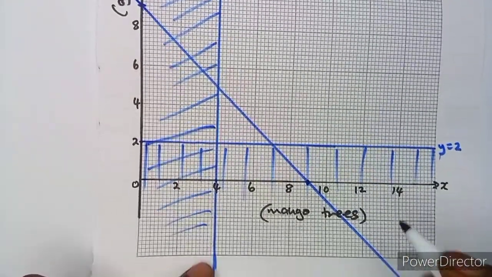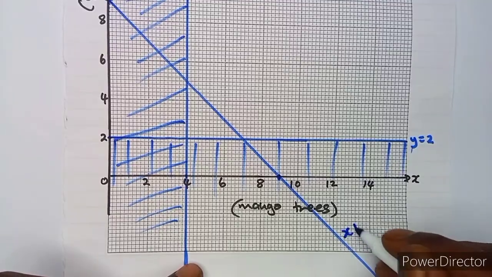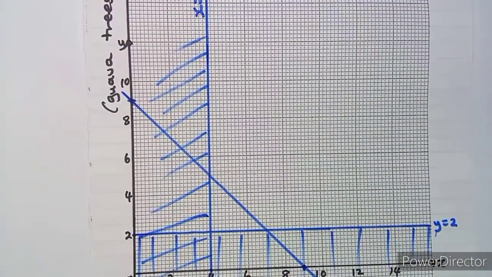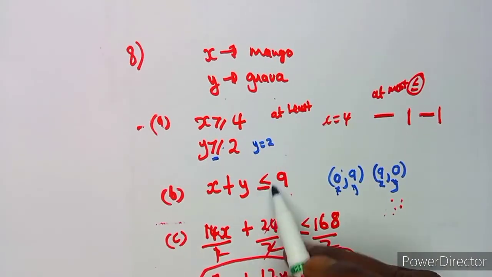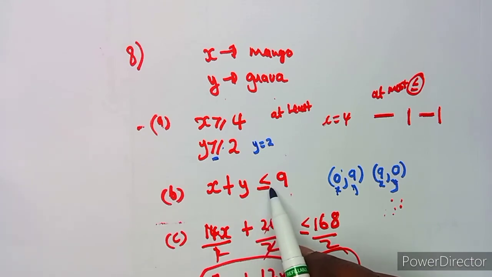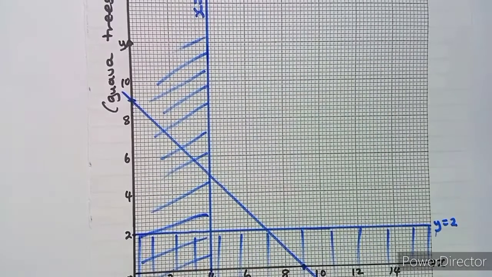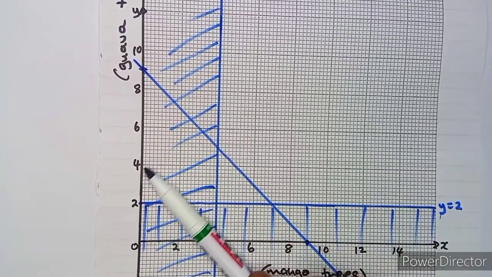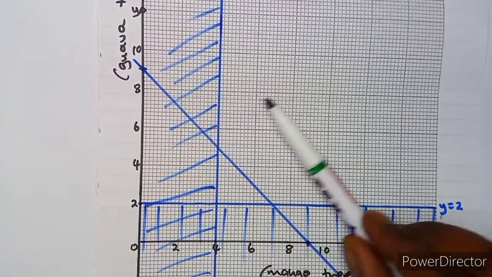So this is the equation. Just write the equation: x plus y is equal to 9. Okay, so which part are we going to shade in this case? Here we need a region that is less than. x plus y is less than. This is a lesser region. If you compare these two regions, this is the lesser region, and this is the bigger region.